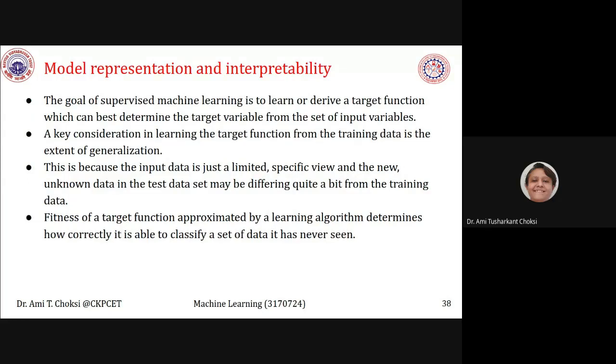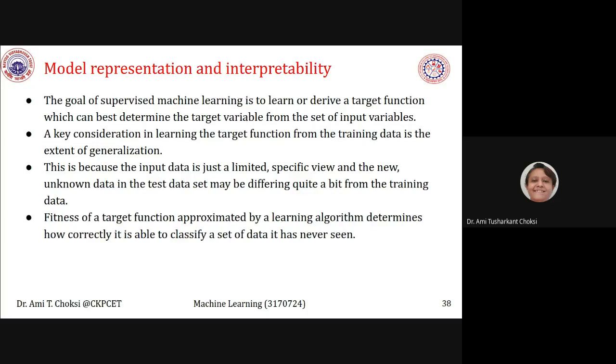Now, the next thing we want to learn is model representation and its interpretability. The goal of supervised learning is to learn or derive a target function which can best determine the target variable from the set of input variables. A key consideration in learning the target function from training data is the extent of generalization. What we are doing is learning the target function from the training data.